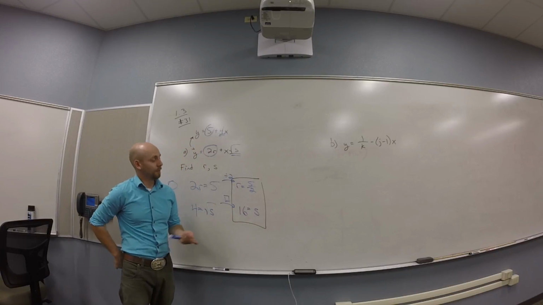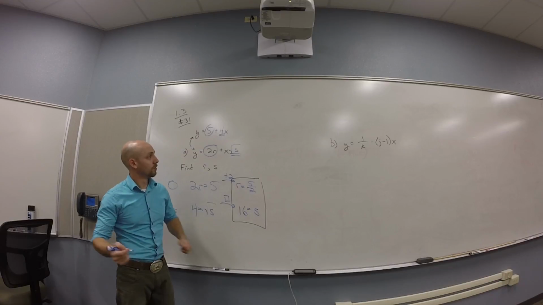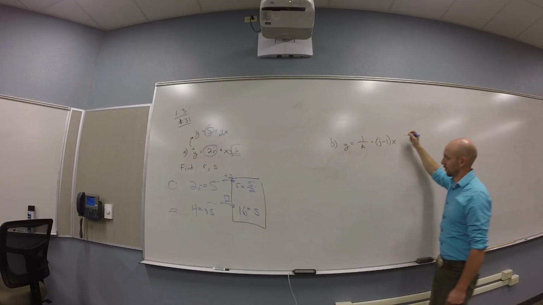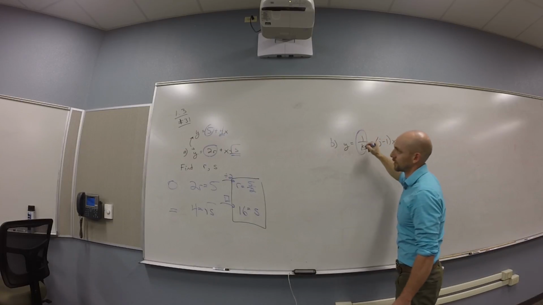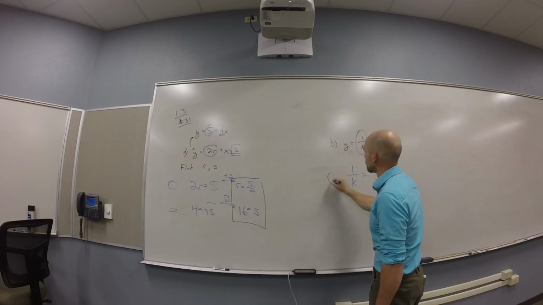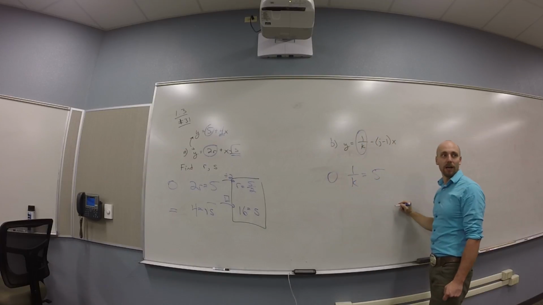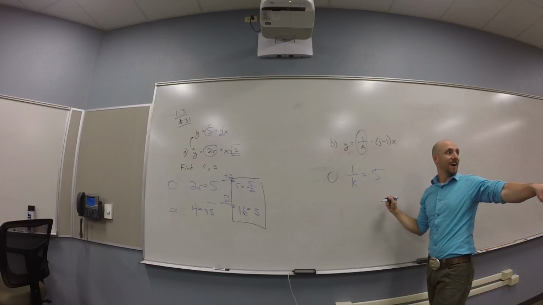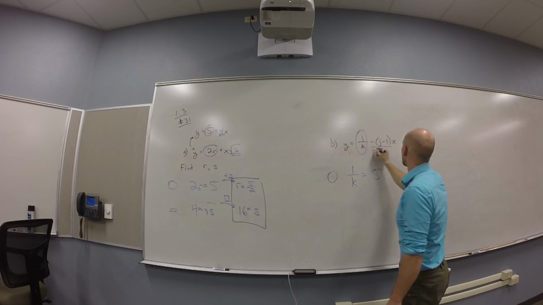All right, how about part B? What do I circle here? So 1 over k, perfect. 1 over k has to be 5. That's from the circles. And what am I supposed to be underlining? Negative, with parentheses. Nice. Make sure you get the negative in there.